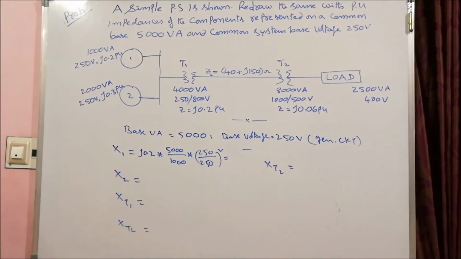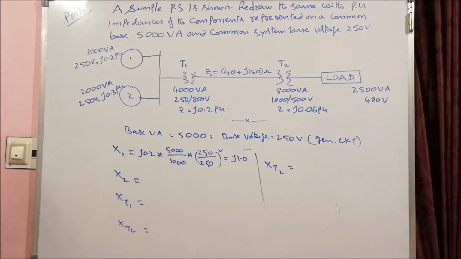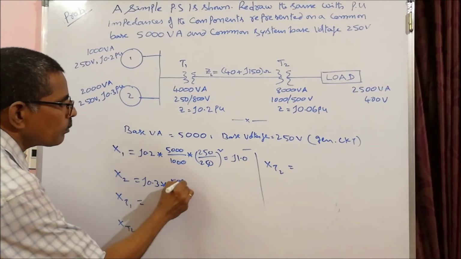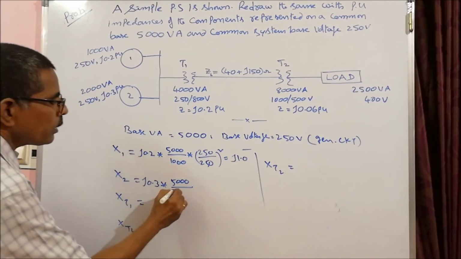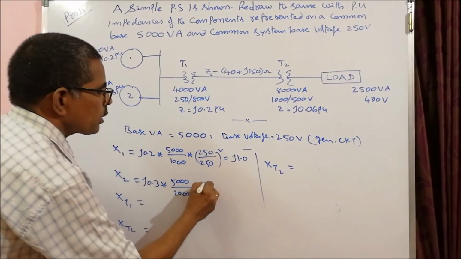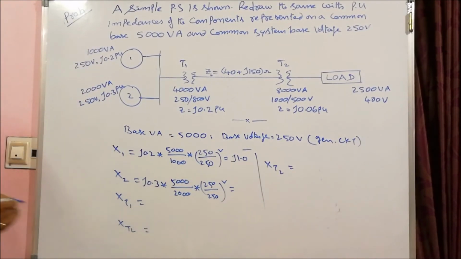So this is going to be J1.0. Then for X2, machine 2, J0.3 times 5000 by 2000 times 250 by 250 squared. So this is going to be J0.75.